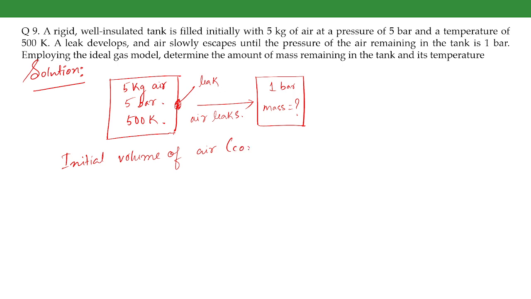Considering the air as an ideal gas, V1 is equal to mRT1 by P1.